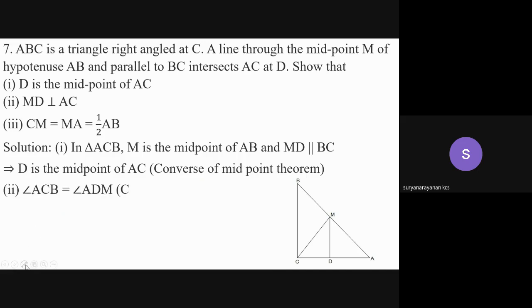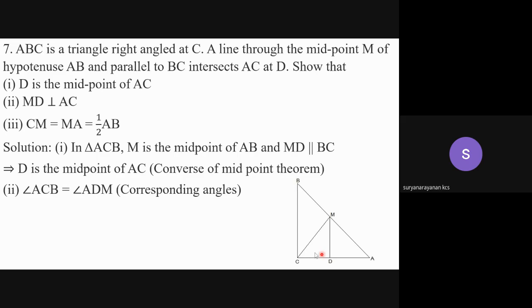Here, angle ACB is equal to angle ADM. Observe this figure, my children. Angle ACB is equal to angle ADM, because these two angles are corresponding angles. BC and MD are parallel lines. In that case, ADM and ACB are corresponding angles.